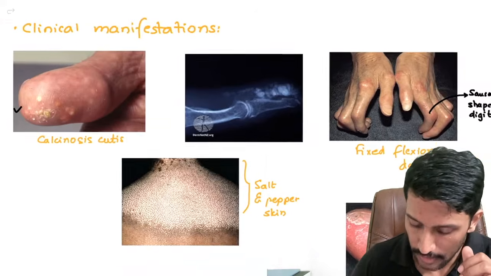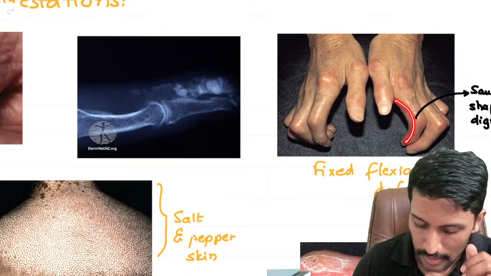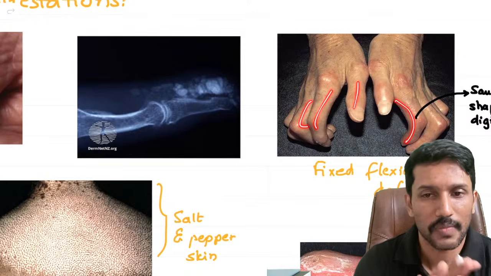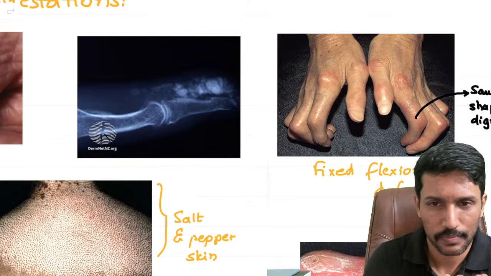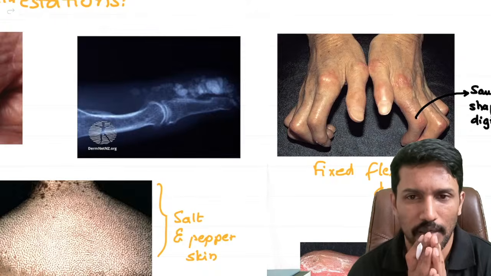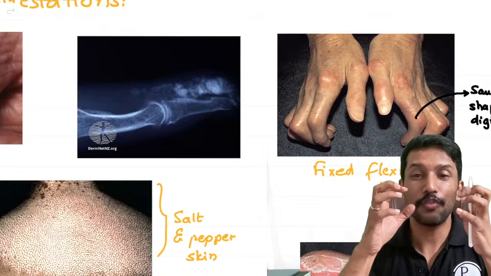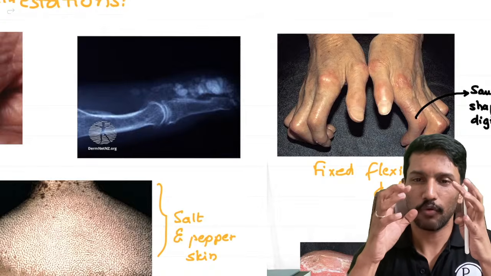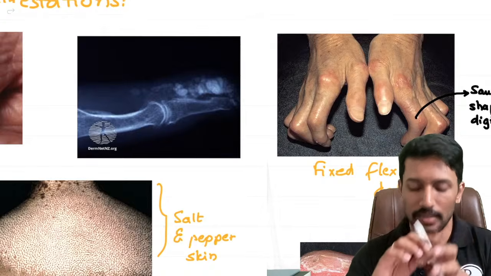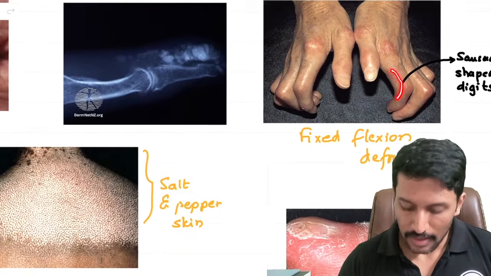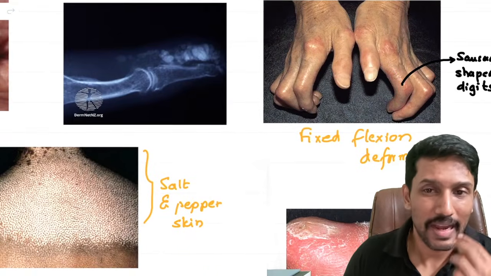Okay. Second, you can develop thickening of the skin of your distal parts, hands and fingers. And because the skin becomes thickened, the fingers start going into fixed flexion deformity. It becomes difficult for them to extend. And this skin thickening is associated with fibrosis and inflammation.